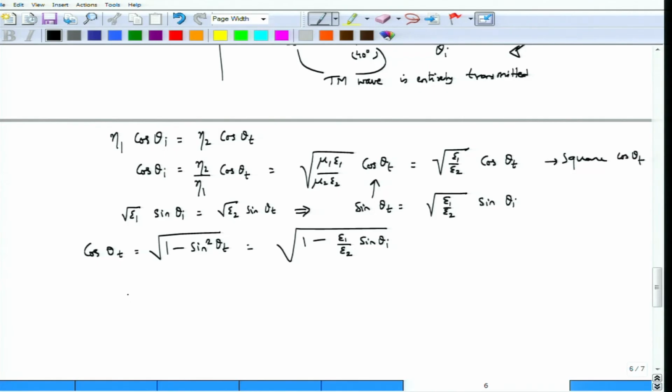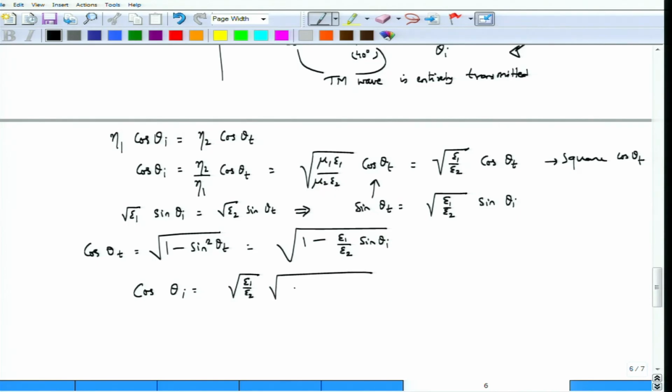So, when you square that one, what do you get? Let me write down cos theta I is equal to square root of epsilon 1 by epsilon 2 times cos theta t.